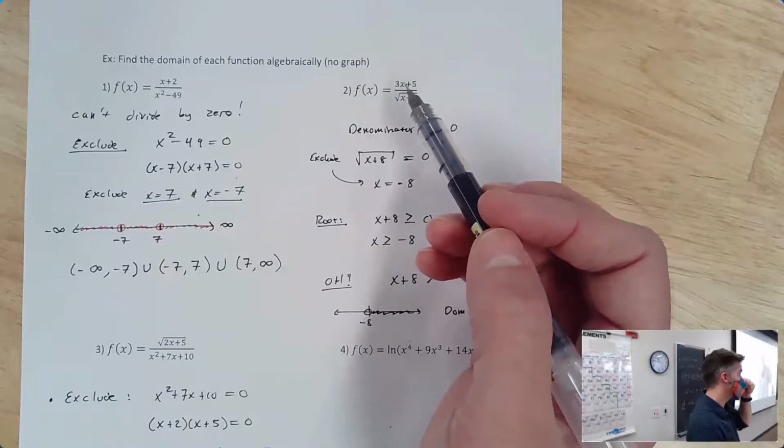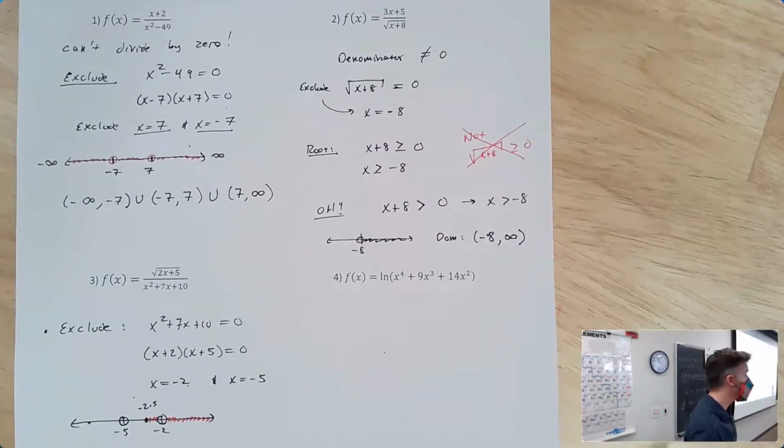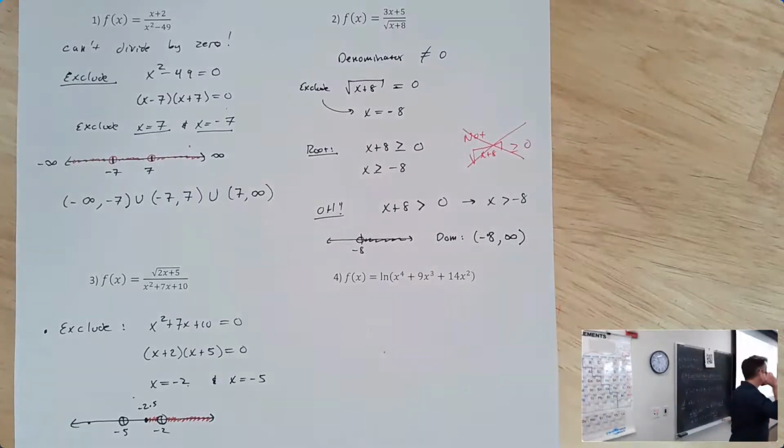So how does that correlate with excluding the denominator as well? Should I say that one more time? How can you incorporate both the numerator and the denominator into finding the domain? Well, that's what we've done. I 100% like that you factor the denominator. That's a perfectly good way of doing it. And when you factor the denominator, x couldn't be -2 and x couldn't be -5.